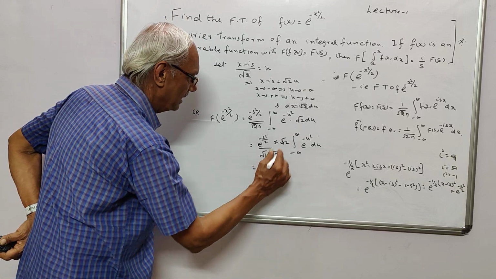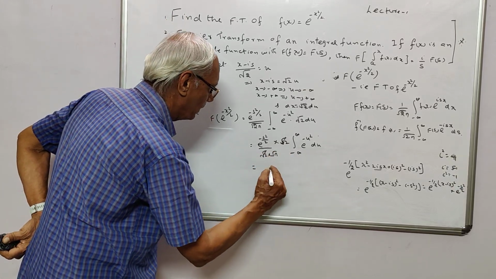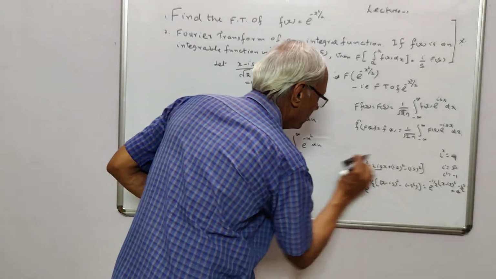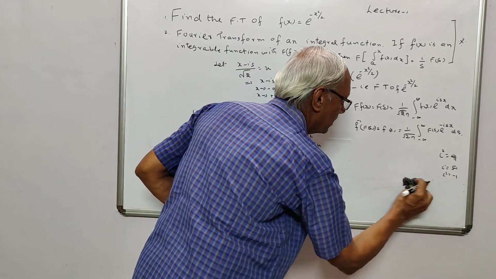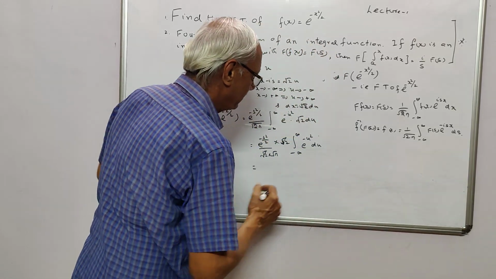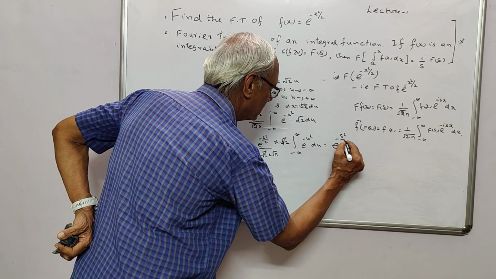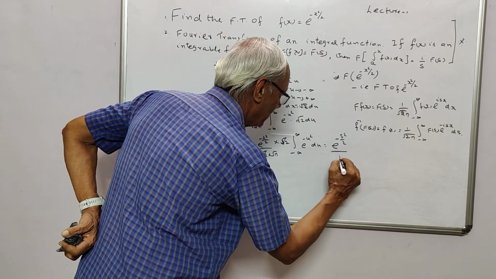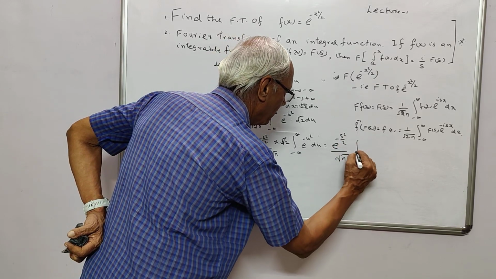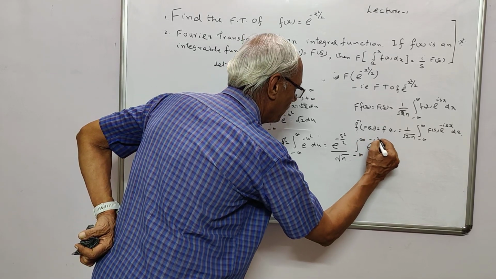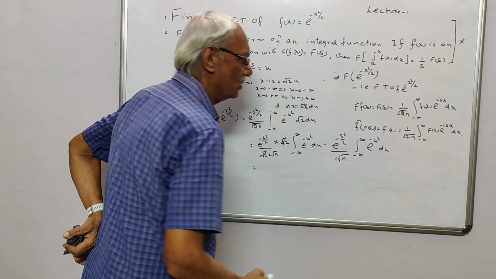So you see that this root 2 and root 2 will go off, giving you e to the power of minus s squared by 2 divided by square root of pi into the integral from minus infinity to plus infinity of e to the power of minus u squared du.